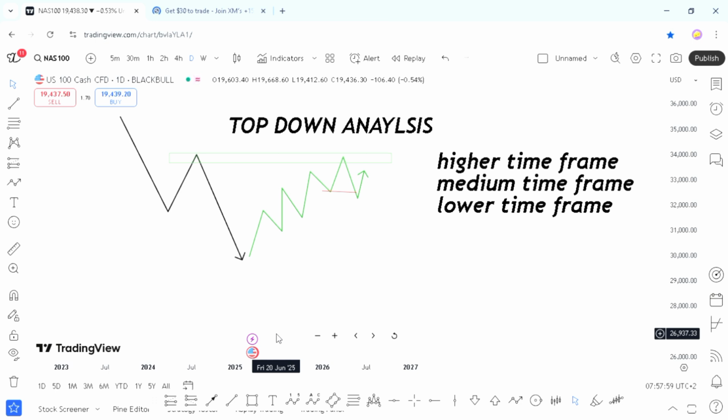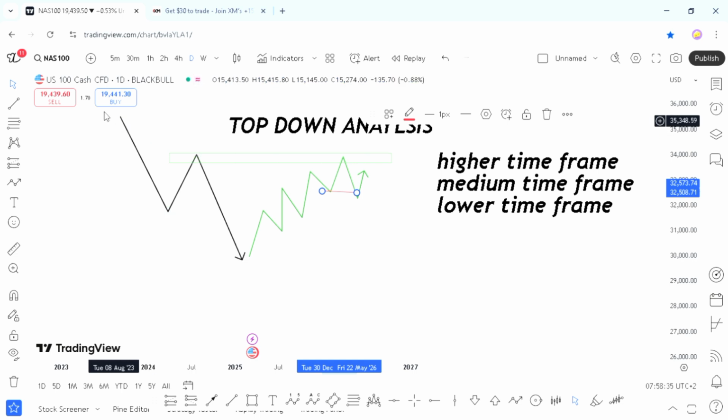If you want to catch a trading setup while doing a top-down analysis, the first thing you need to do, like I've always said, is go to your higher time frames and see what price is doing, and understand what price is doing. So I'm going to be moving this drawing.